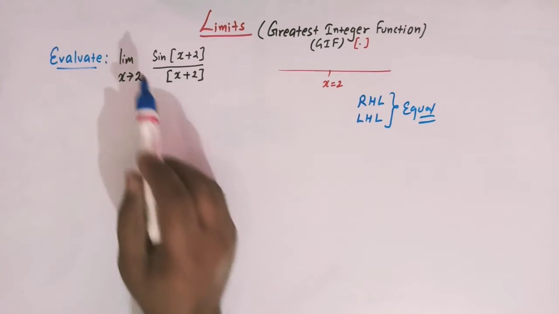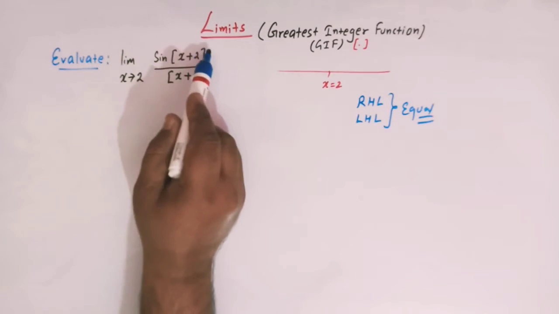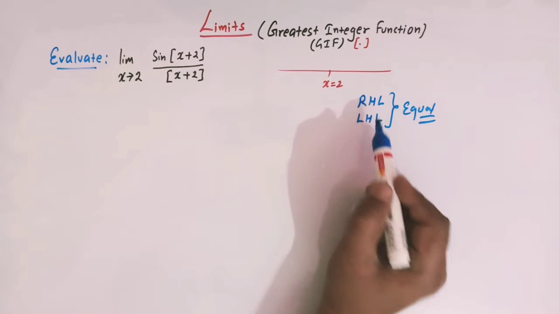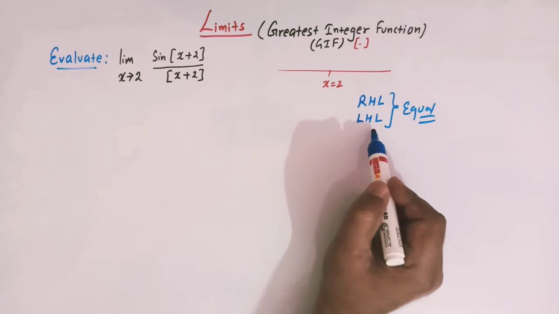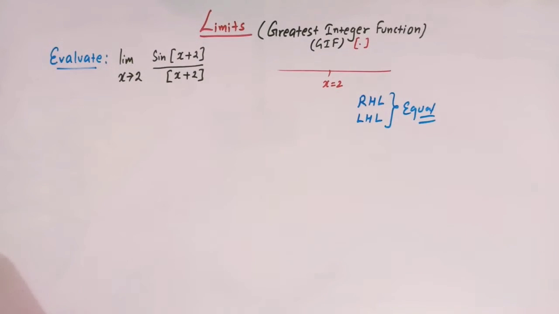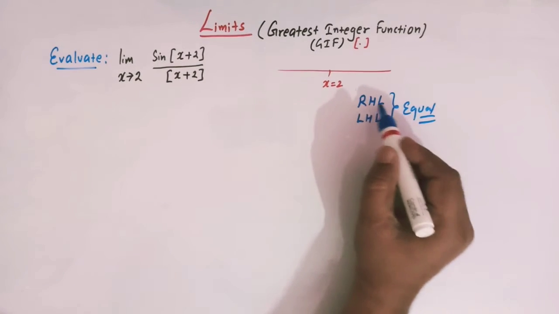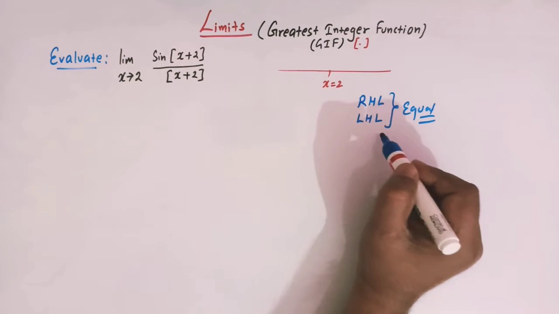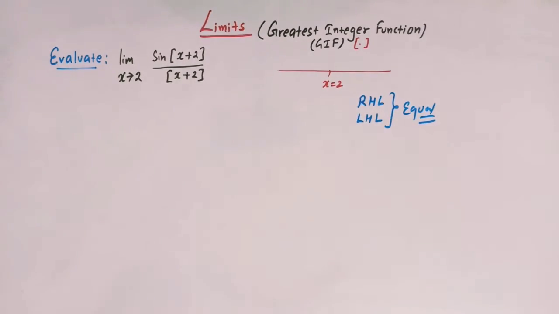So here we'll first evaluate the right hand limit and then the left hand limit, and then we'll see whether both the limits exist or not, or if they exist whether they are equal or not. So let us start, and let us first take the right hand limit.